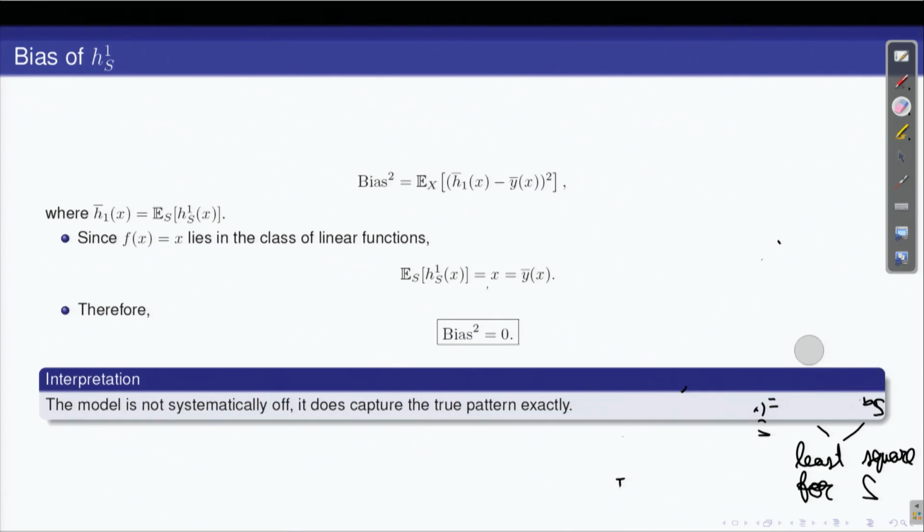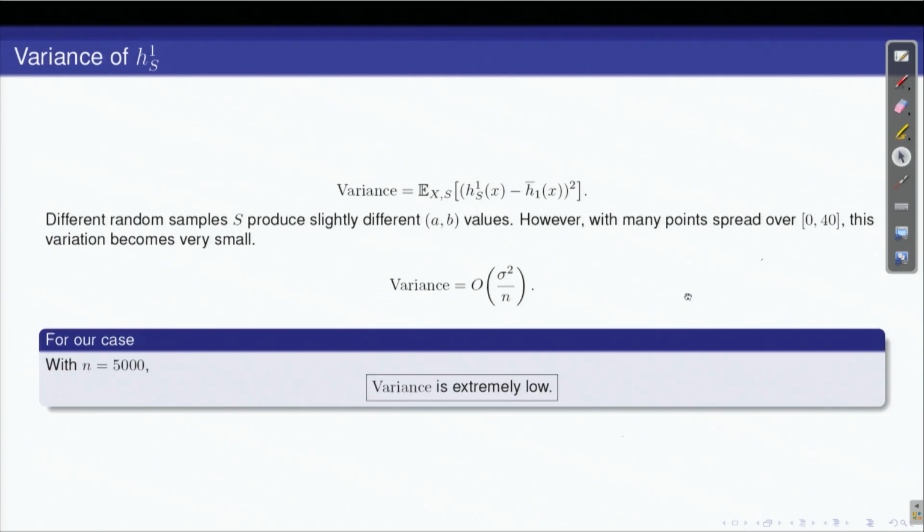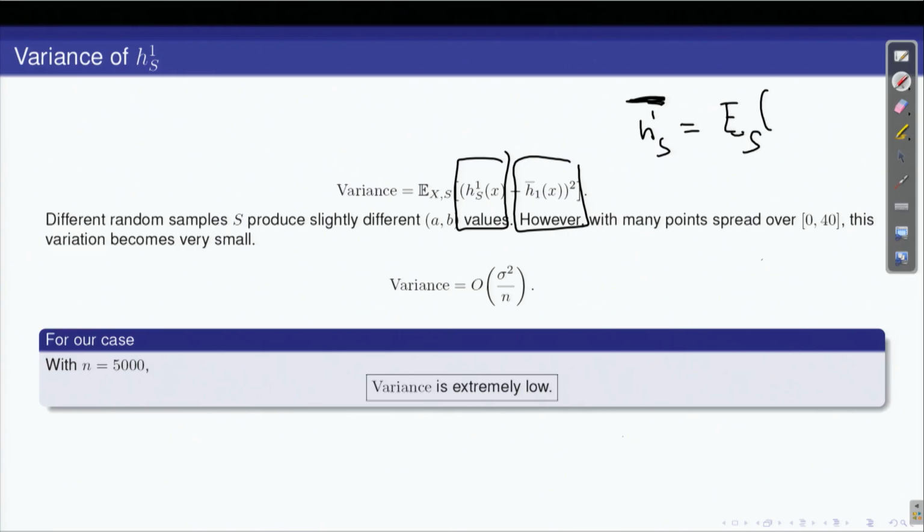Now let's go to the variance. The variance will be the difference between the average and the fit. So h1 bar is the expected value with respect to S of h1(x).